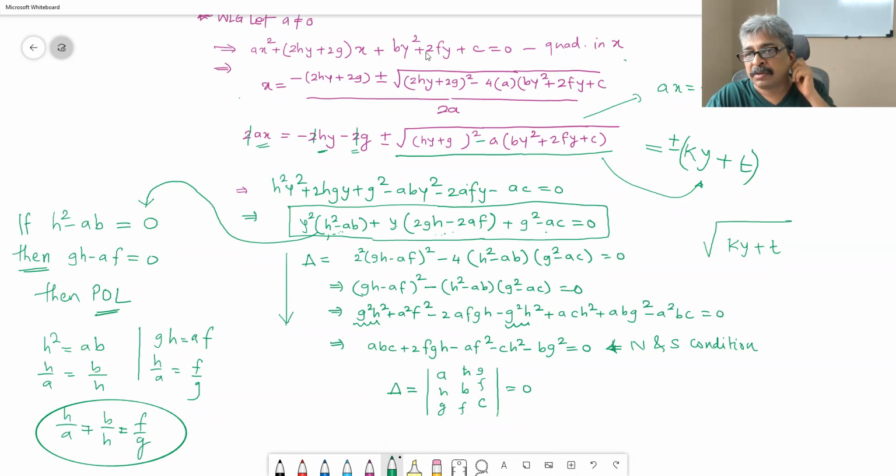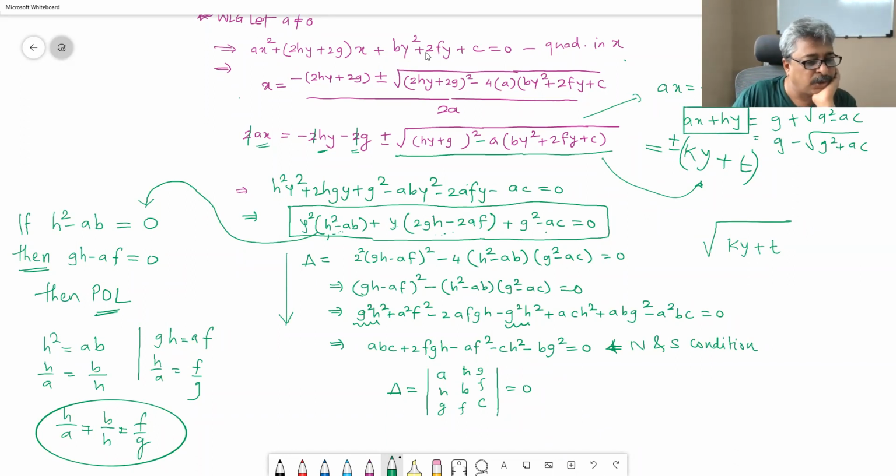And they are parallel lines because ax plus hy is equal to minus g plus radical g square minus ac, or ax plus hy is equal to minus g minus radical g square minus ac. So the constant term is different, therefore they are two parallel lines. That is what we get out of this.